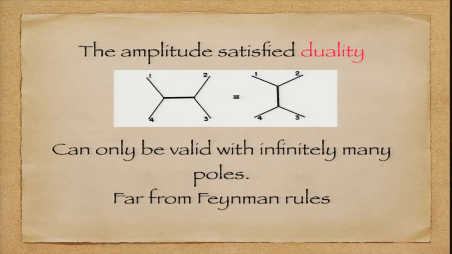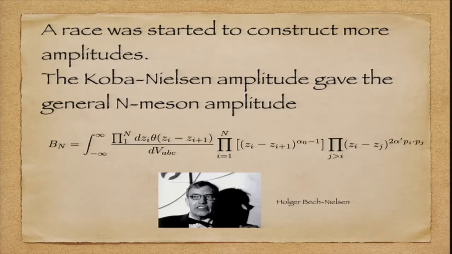But still, it was interesting enough that it became very popular. And a race started to construct more amplitudes. And this race was somehow won by Koba-Nielsen, who could write a general n meson amplitude in terms of this expression here.